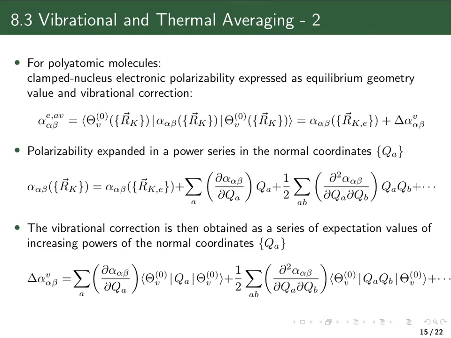And in most applications, one actually has to do that numerically again, to calculate them as numerical derivatives. And then I have to calculate here expectation values of a normal coordinate or product of two normal coordinates with a vibrational wave function. And let's look at this, how we get those vibrational wave functions.